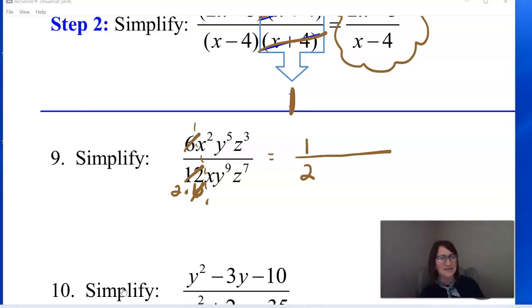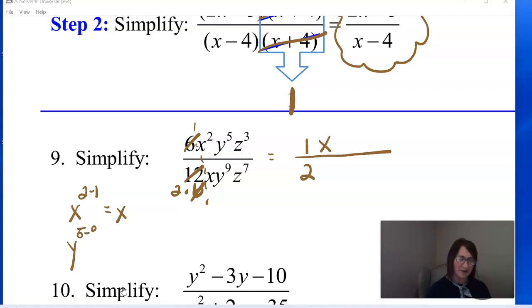Now let's look at our x's. So I've got x, our common base, and then 2 minus 1 is just x to the first. So that x to the first goes in the numerator. Now look at our y's. That's going to be y to the 5 minus 9, which equals y to the negative 4. Well, that y to the negative 4 would go in the numerator, but I want that to be a positive 4, so I'm going to put it in the denominator so I can make that exponent positive.